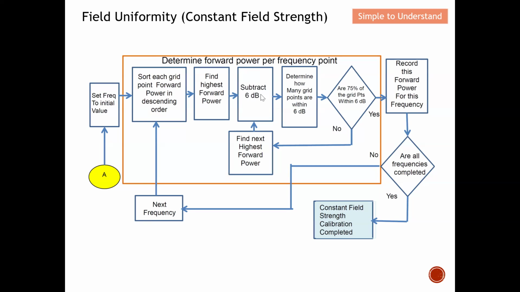Then I determine how many grid points are within this 6 dB. If more than 75% are within this 6 dB, my task is done. If not, I need to look at the second highest and flow this process again.